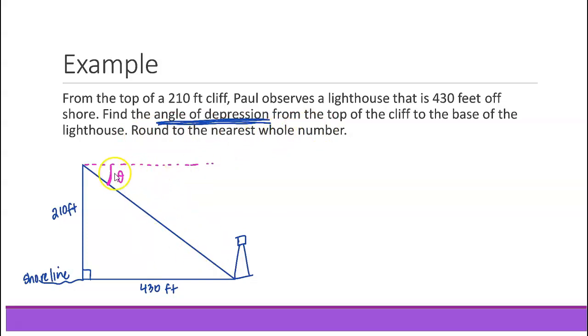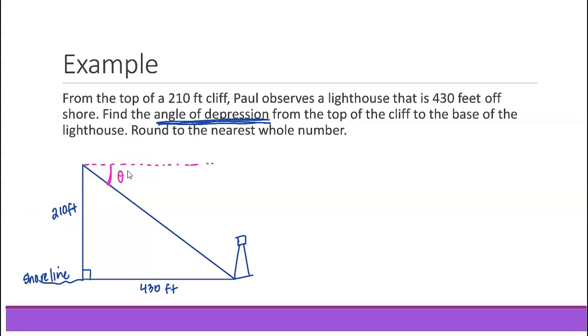Alright, so here, one of the issues that we have is that the angle that we're looking for is not inside of our obvious triangles. We have this right triangle here, and we have the two side lengths, the two legs of the right triangle. But then we have this theta that's on the outside.